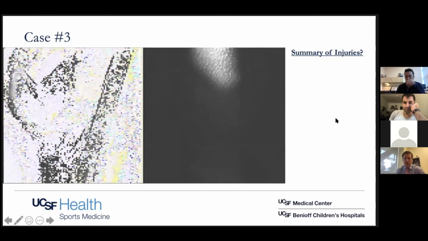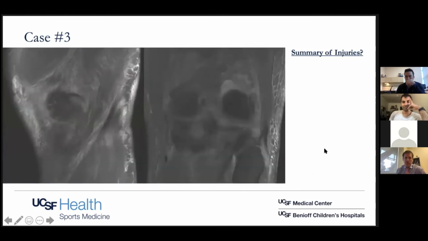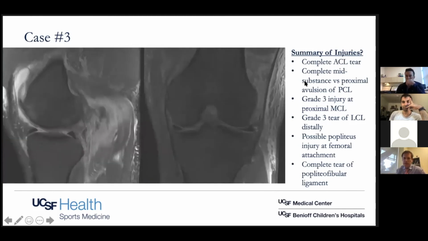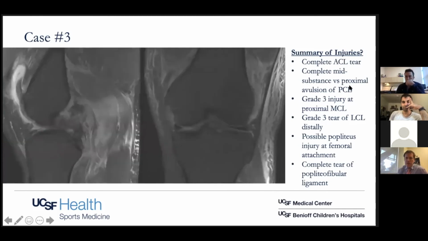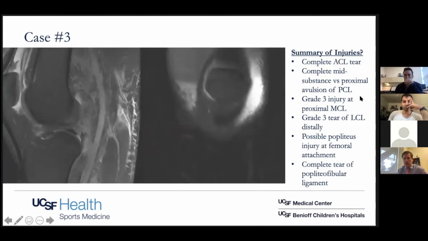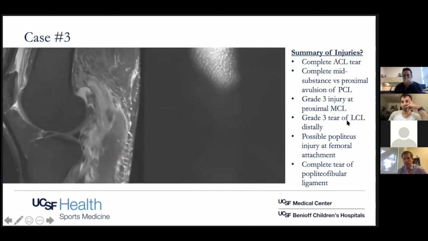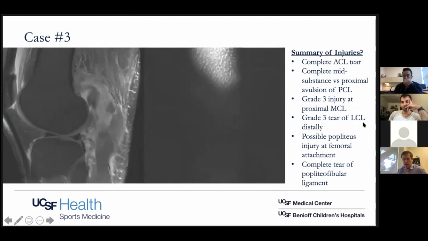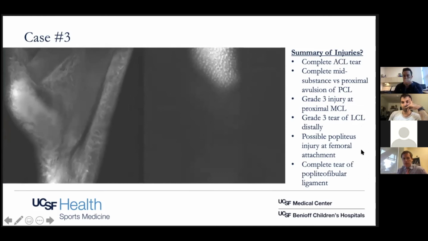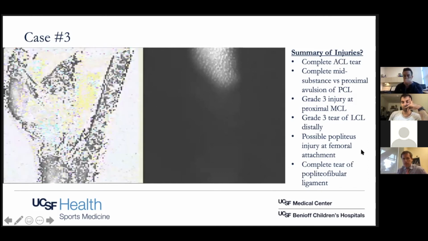Not sure where that one went. Okay. It's probably a little hard to go through on this, but he does have complete ACL tear, complete mid-substance versus proximal level of the PCL, grade 3 injury at the proximal MCL, and grade 3 tear of the LCL distally. And then it looks like a possible popliteus injury at the femoral attachment, and then a complete tear of the popliteofibular ligament.